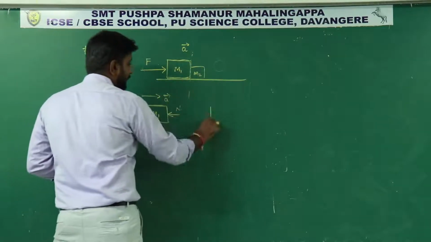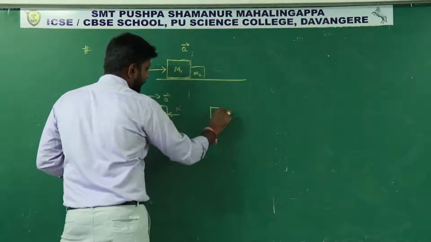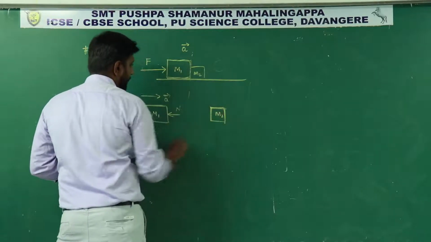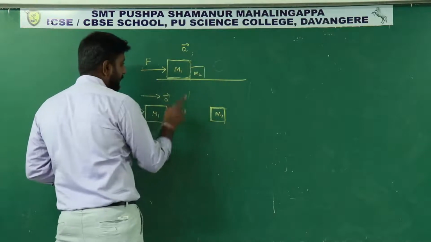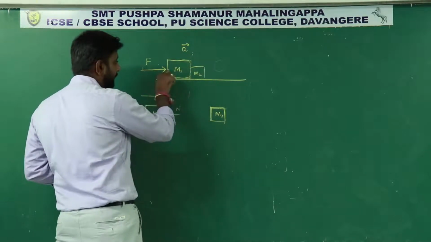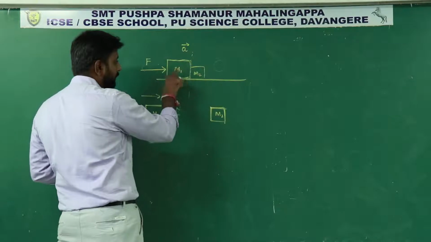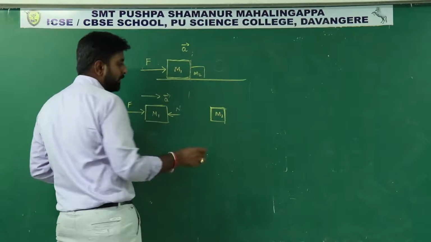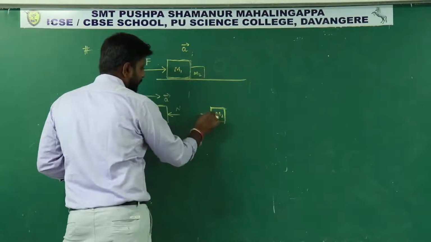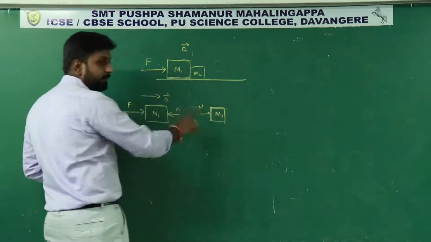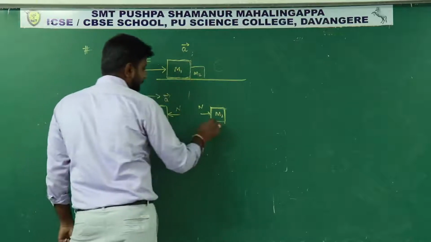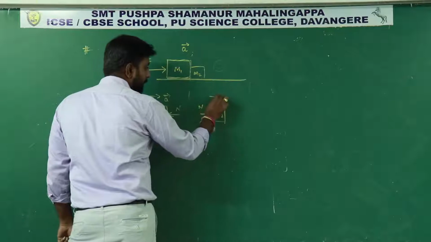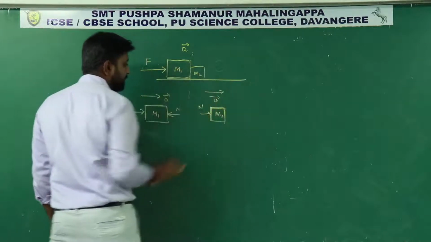In the second body, if you draw the free body diagram for mass m2, you can see what force is acting. Since you are applying force on block m1, m1 applies a normal force on m2, which is equal and opposite, and this is the only force acting on m2. It is moving with some acceleration in this direction.